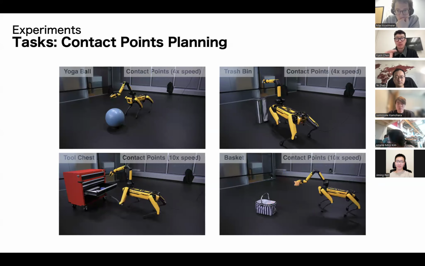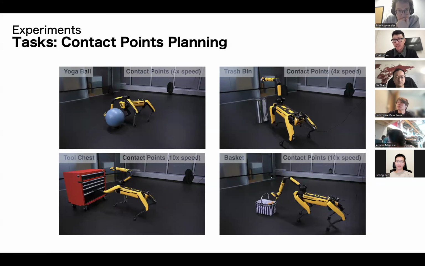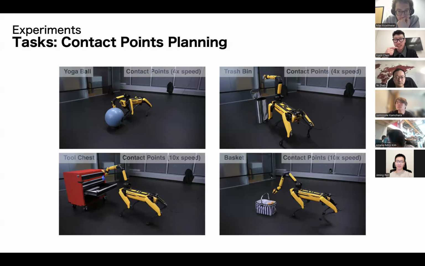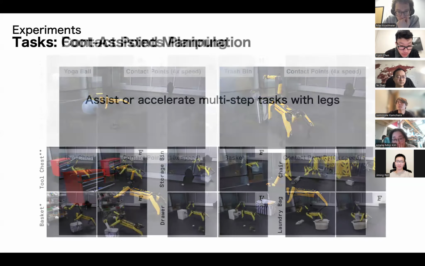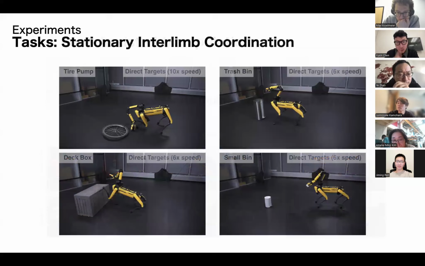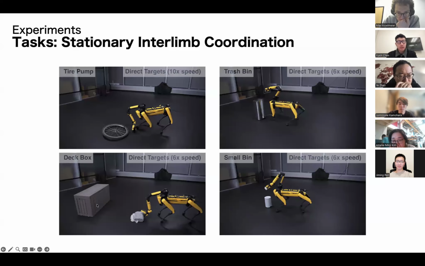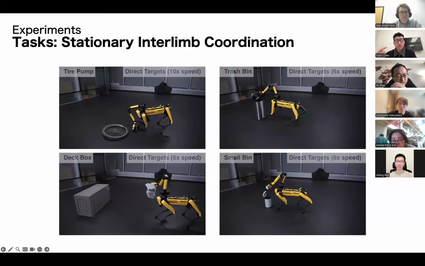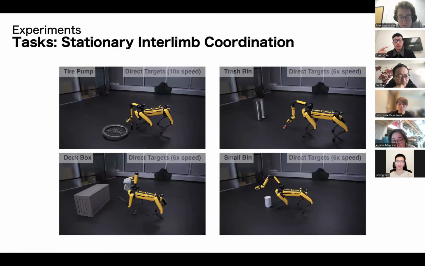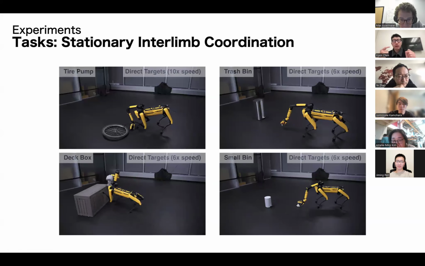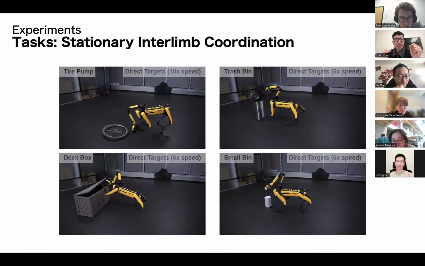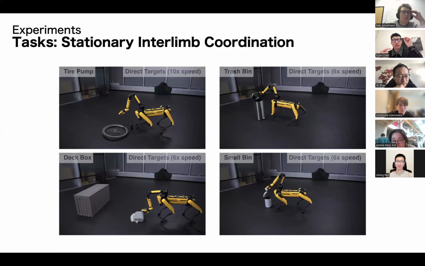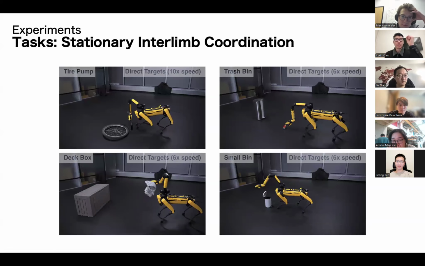But for those involving spatial reasoning or real-time feedback, for example the deck box task, this looks simple, but actually it's really challenging. We use a leg to lift up this very giant lid, and you have to keep stabilizing this lid.